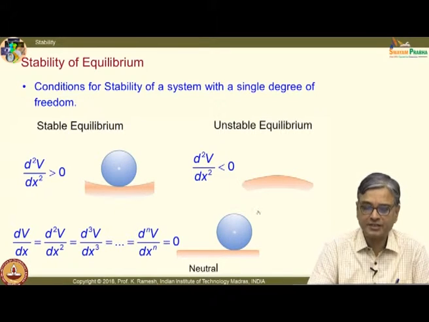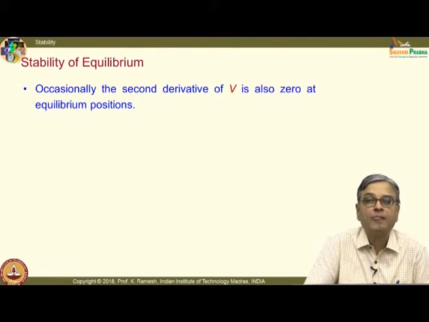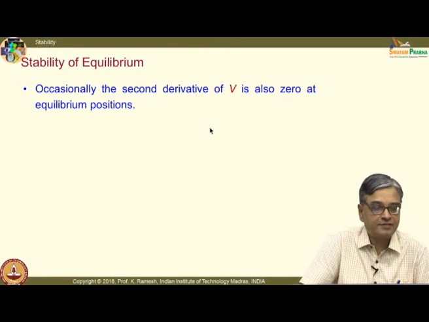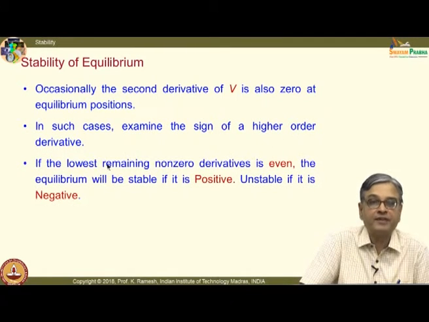Suppose I have a situation where the second derivative is 0. We also have situations, occasionally, where the second derivative of V is also 0 at equilibrium positions. In such a case, examine the sign of a higher order derivative.